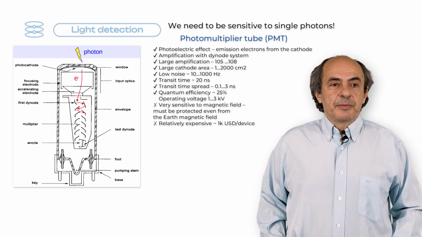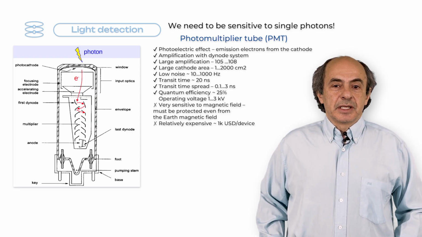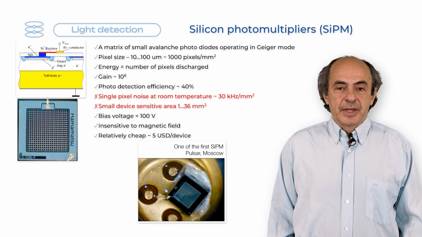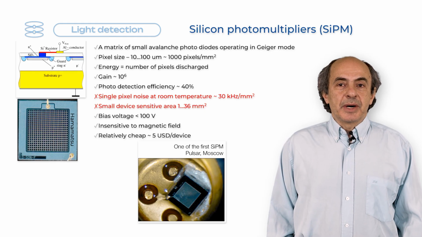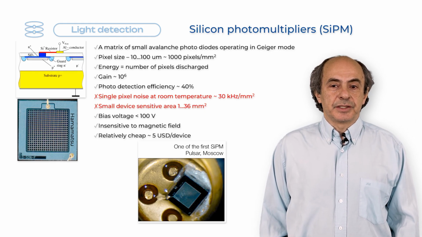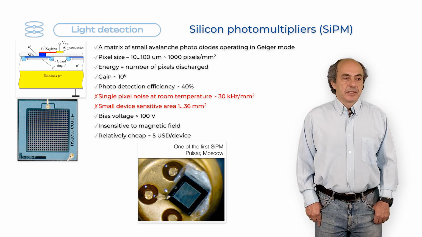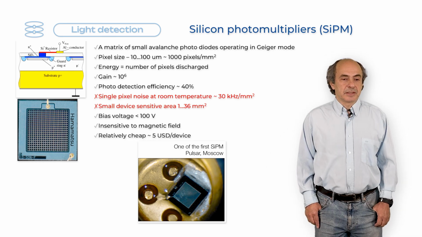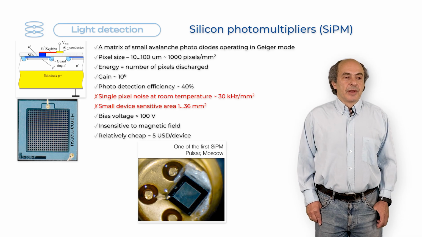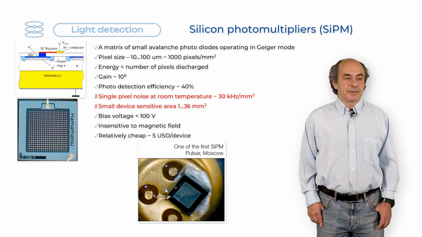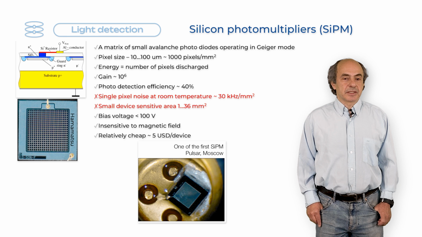Another device which became very popular this century is the silicon photomultiplier. Imagine that you have a matrix of small avalanche photodiodes. And when a photon hits this diode and an electron hole pair is produced, it produces an avalanche which completely discharges this cell.